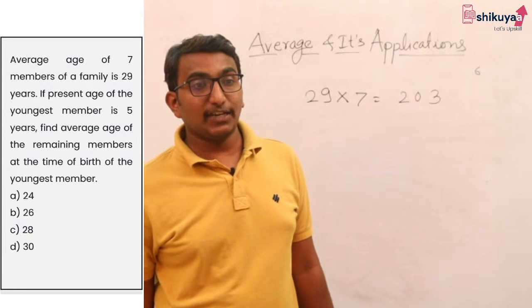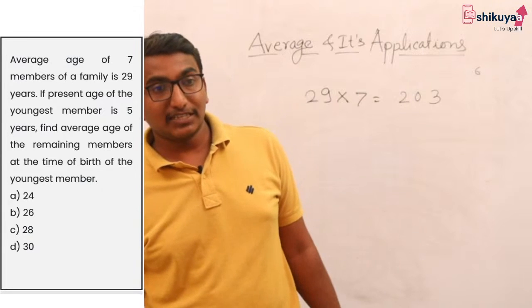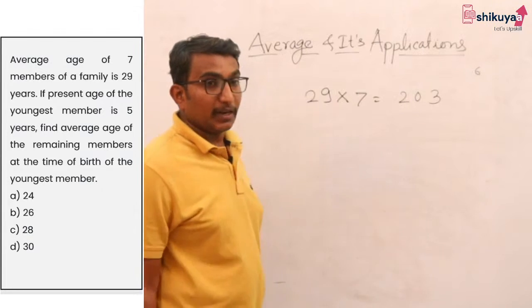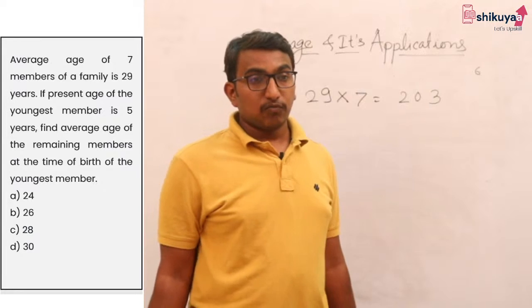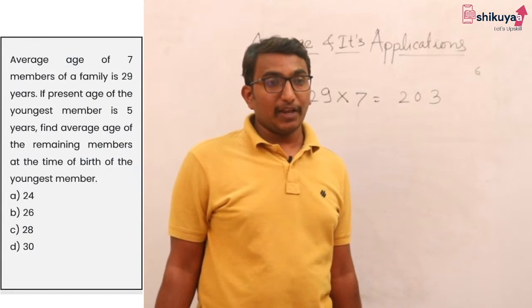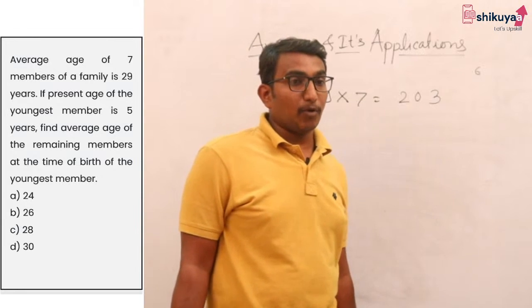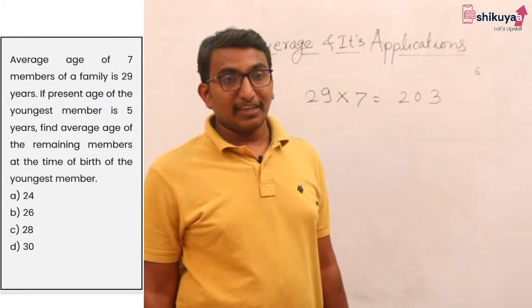Now, what they have given is the present age of the youngest member, which is 5 years. Find the average age of the remaining members at the time of birth of the youngest member.